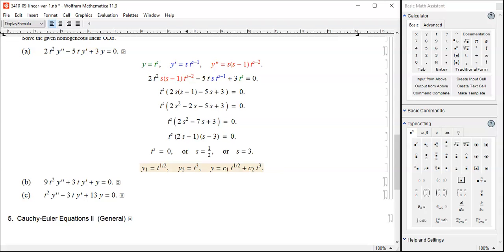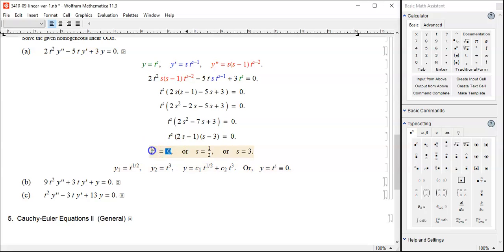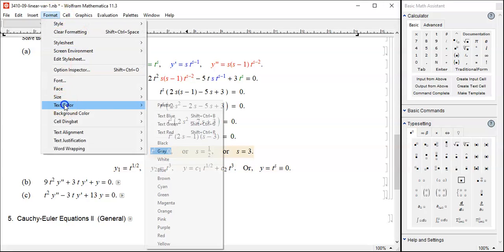As a matter of fact, there's one more solution here, a singular solution. y is t to the s power. That's the substitution, wasn't it? And that being constantly equal to 0. Oops, wrong place. Coming from this actually, which I'm highlighting in a different color.